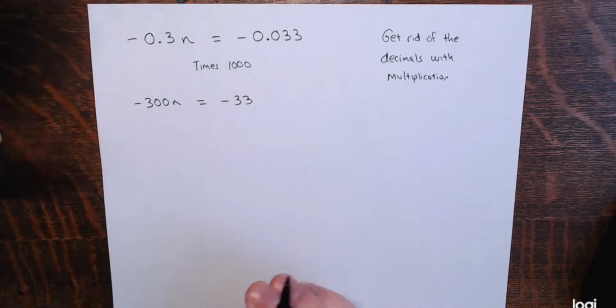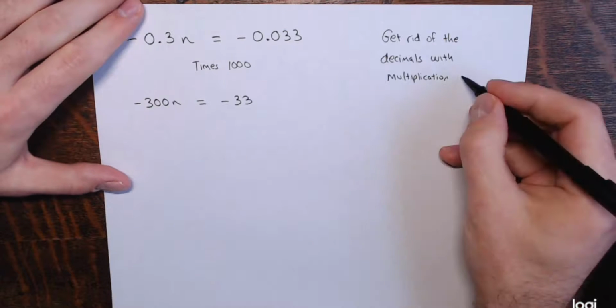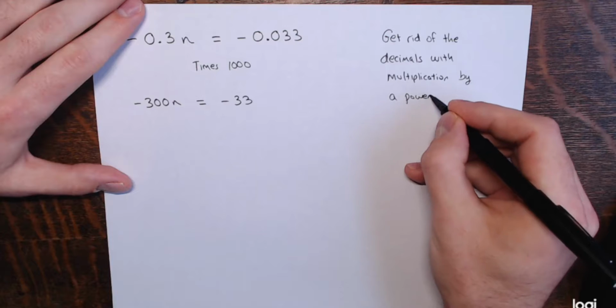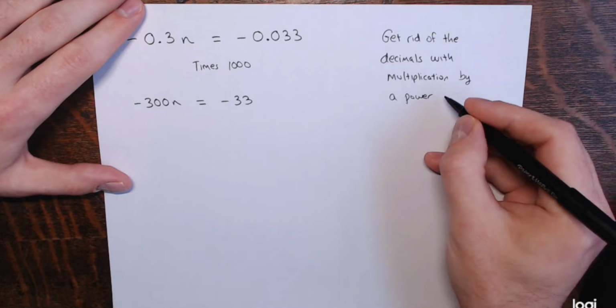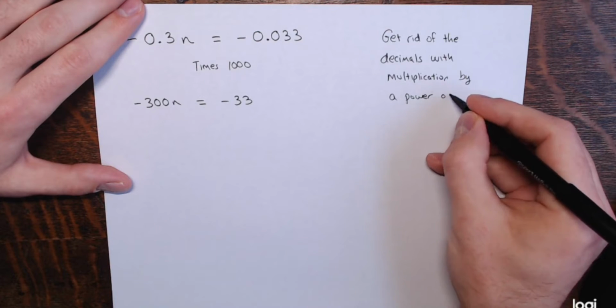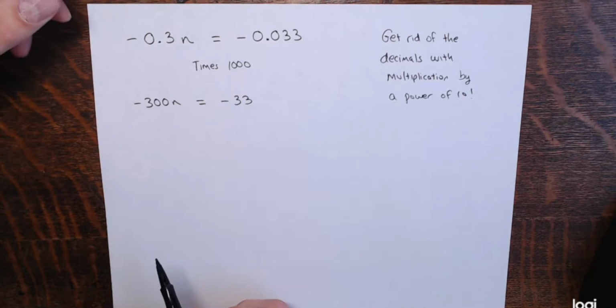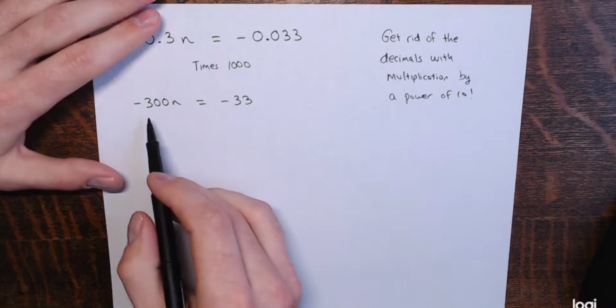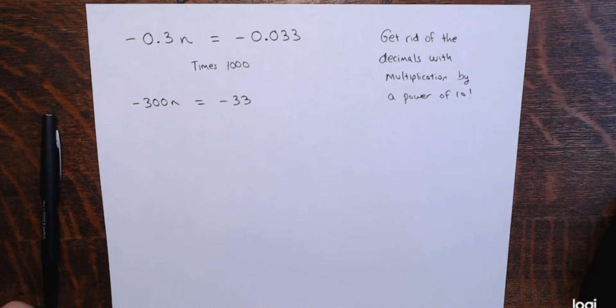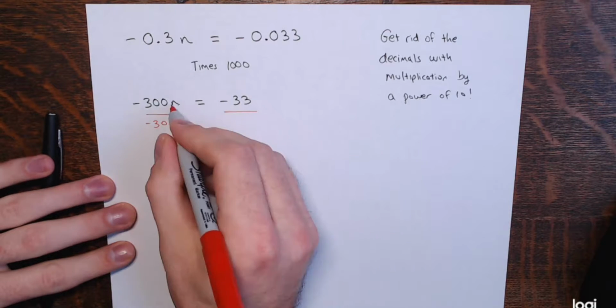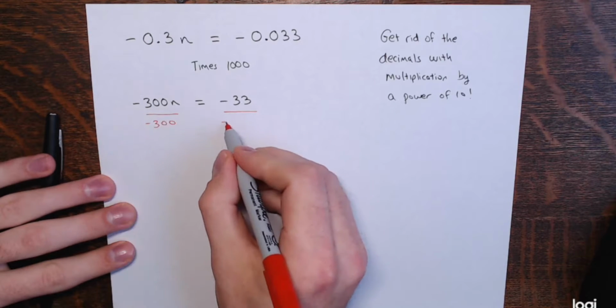So get rid of the decimals with multiplication, again, by a power of 10. 10, 100, 1,000, 10,000, 100,000, a million, whatever. And now we have a simple one. Just divide both sides now by negative 300, and that'll get rid of the 300s here, and then you'll have n alone.